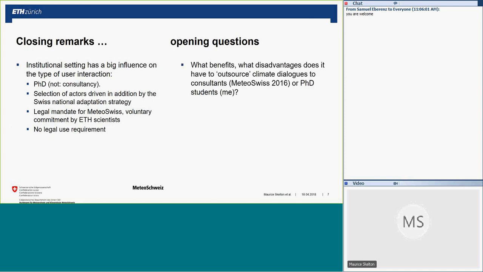I think there are two questions we're discussing here. What are the benefits and what are the disadvantages of outsourcing climate dialogues either to consultants, as in the first report on the user needs from 2015-2016, or to PhD students like myself?